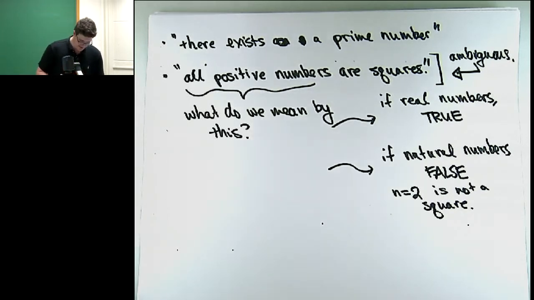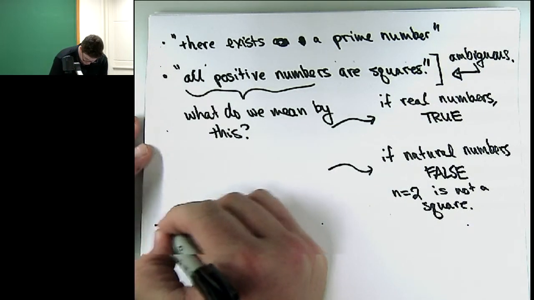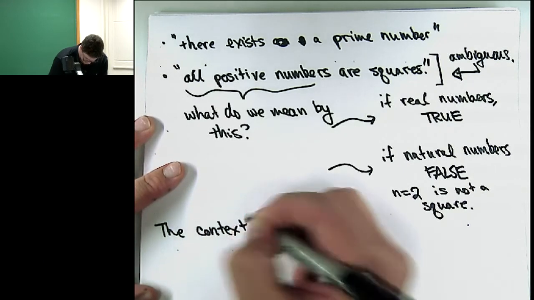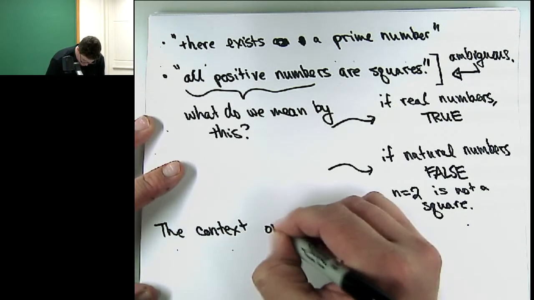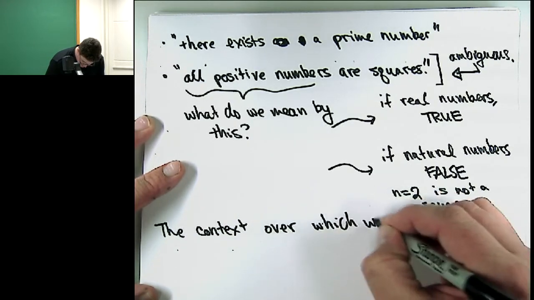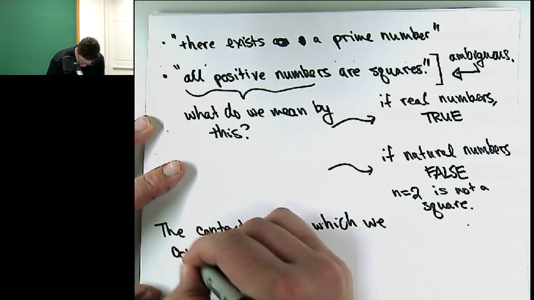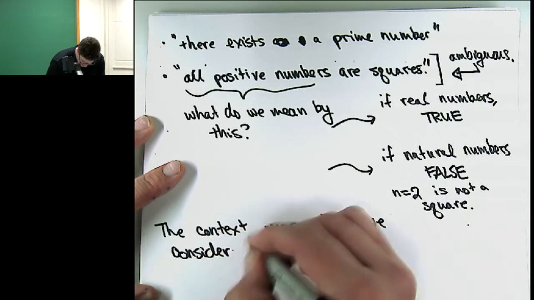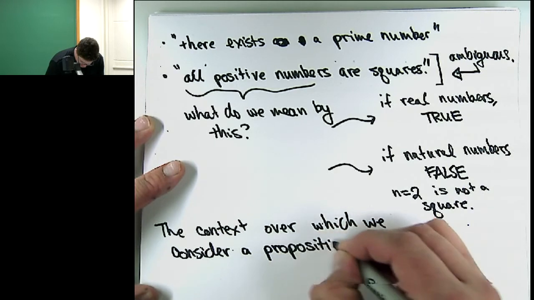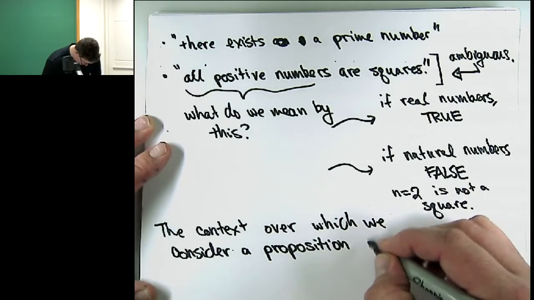So the context over which we consider a proposition is called the universe.